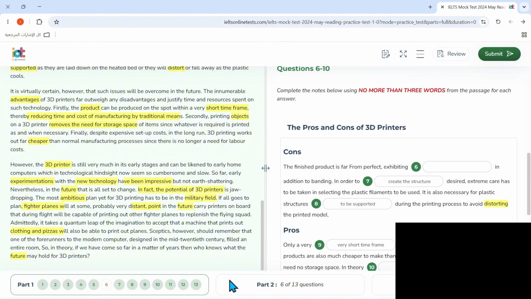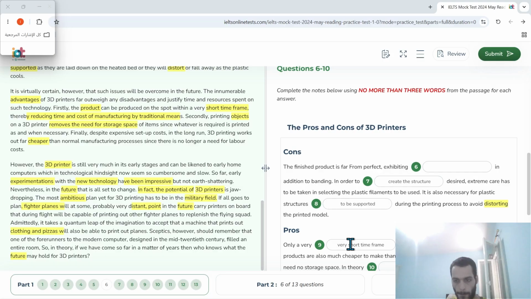The finished product is far from perfect. The finished product is far from perfect, exhibiting a very short time frame.